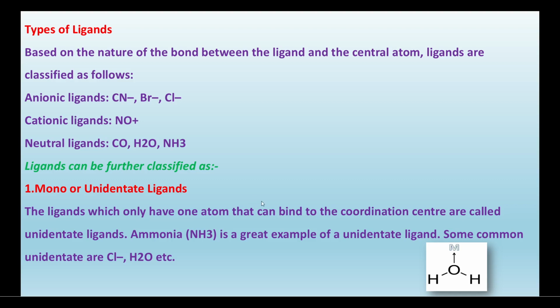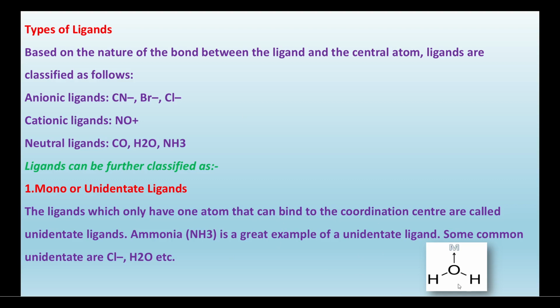Here the monodentate ligands are those having only one atom which can bind to the respective coordination center. You can call it unidentate or monodentate. We can take the example of water.